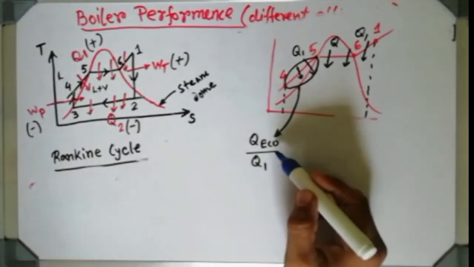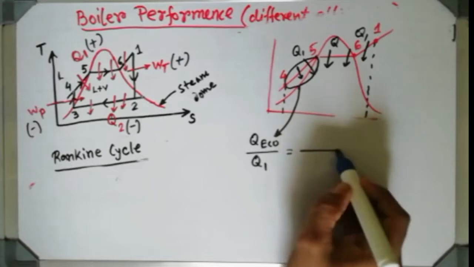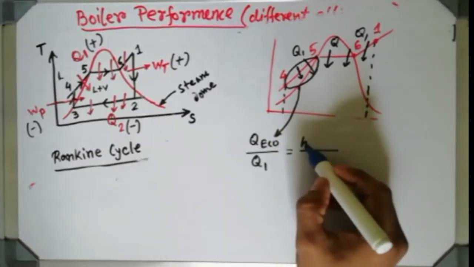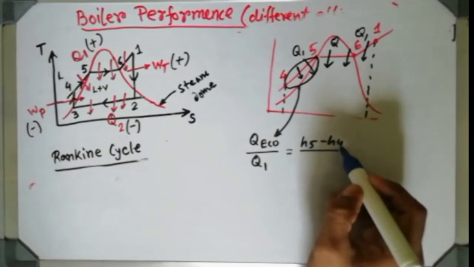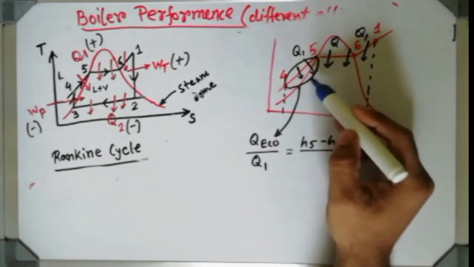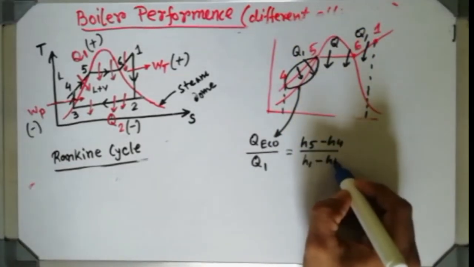If you want to compare Q eco to Q1, then how can you find it? Q eco, obviously the same thing will be repeated: H5 minus H4, that is the final enthalpy minus the initial enthalpy, and Q1 is the total amount of heat supplied, that is H1 minus H4.